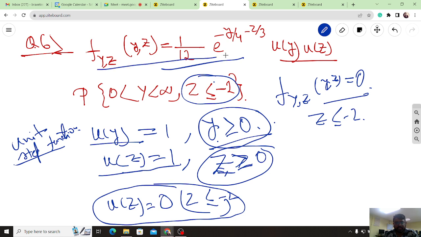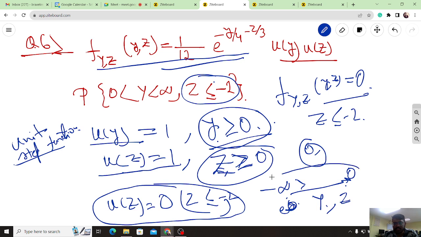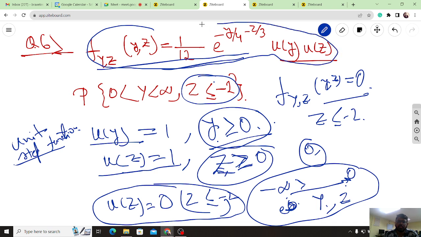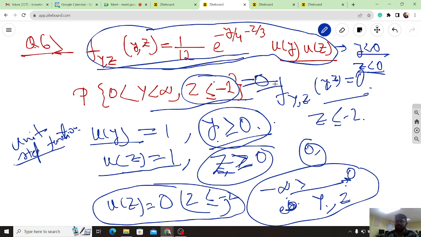And if the probability density function is 0 for a region from -infinite to 0, this probability density function is 0 for both the values y and z. Like if y is in this region or z is in this region, this whole function value will be 0, if y is less than 0 or z is less than 0. So as z is less than or equal to -2, this value will be 0 at this position. The answer will be 0.